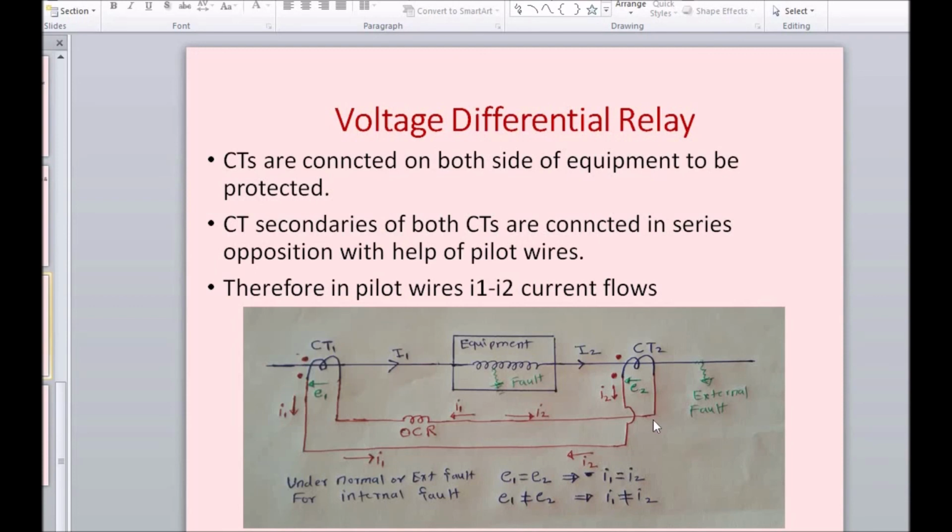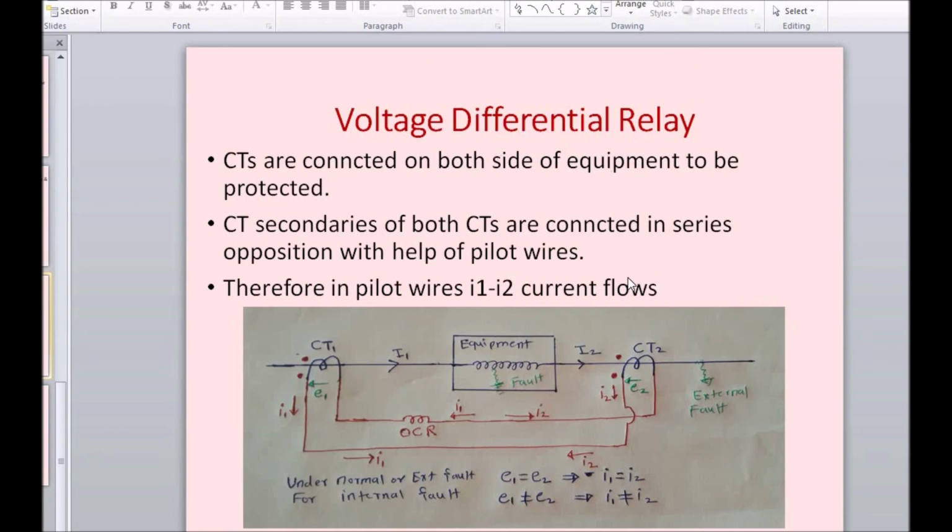These relays are generally used for the protection of feeders, meaning where the terminals of the equipment or element to be protected are far away or at a distance of kilometers. In that case, a voltage differential relay is used.